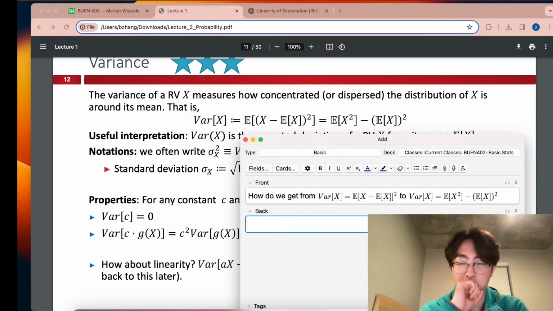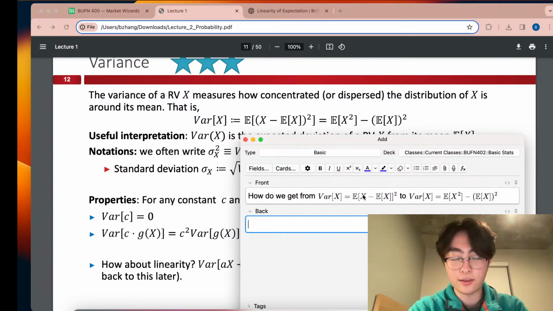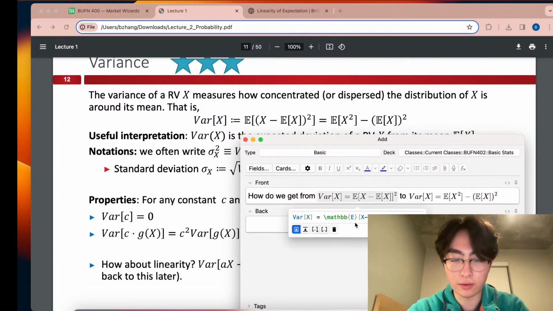Okay. So let's see what we're working with here. Let's start with what we know. Alright, we know that the variance of the expectation of x. Okay, can we break this down a little bit further?